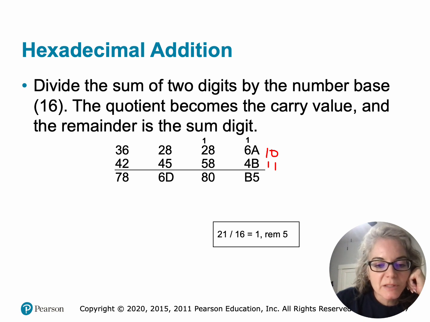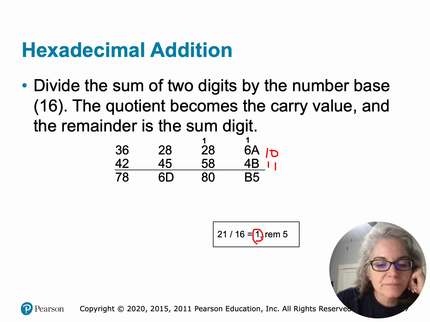So 16 plus 5 equals 21. You take this number, divide it by the base, and the remainder is going to be your least significant digit. And this 1 right here is going to be our carry.